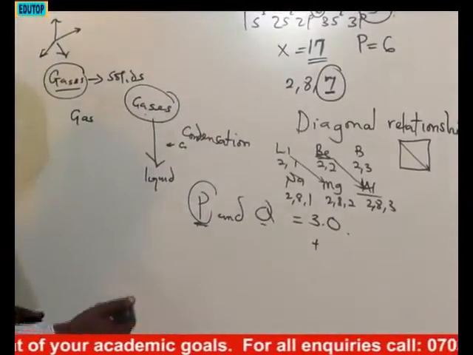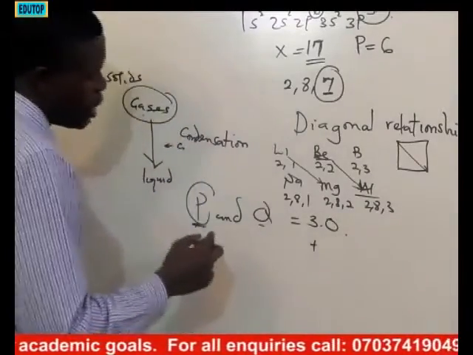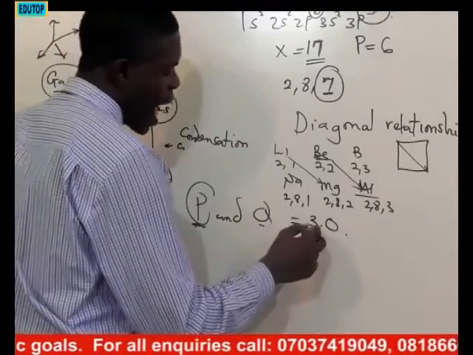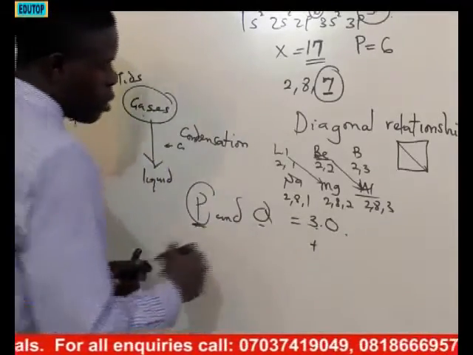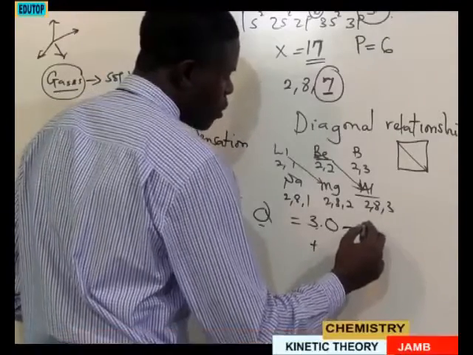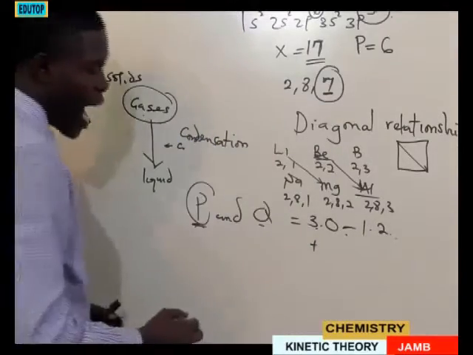It's too high. So take note, when you have the electronegativity difference as high as 3.0, let's say between the range of 3.0 to 1.2, it is really high.